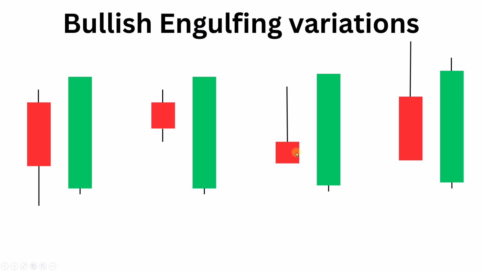Now coming to this and this. This pattern is stronger than this pattern, because the red body here is smaller than the red body here. When we compare this and this, this pattern is stronger than this, because here the size of the red candle is almost similar, but then we have a long wick on the top, and we have already learnt about this pattern.